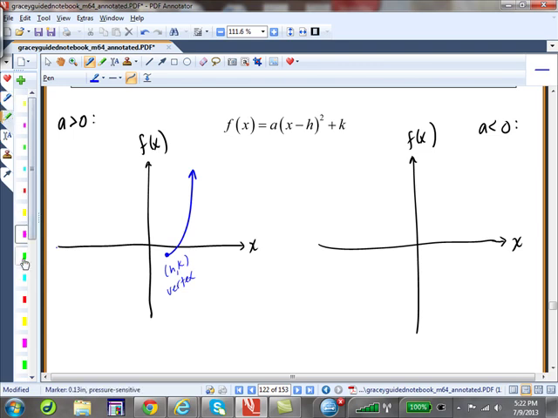So if you think about it, it's really kind of cool. You have symmetry about this vertical line, and it's opening upwards because a is greater than 0. So here it's going to be about here on the intercepts.